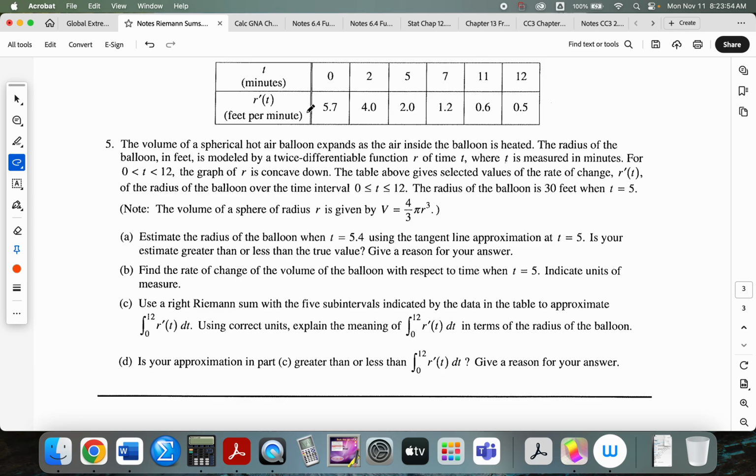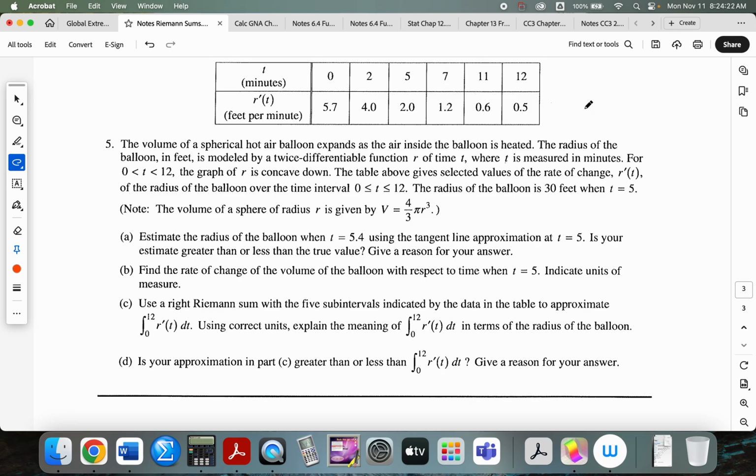All right, so we have this table of values, and it says the volume of a spherical hot air balloon expands as the air inside is heated. The radius of the balloon in feet is modeled by a twice differentiable function r of time t, where time is measured in minutes. So we have the rate of change, r prime of t.